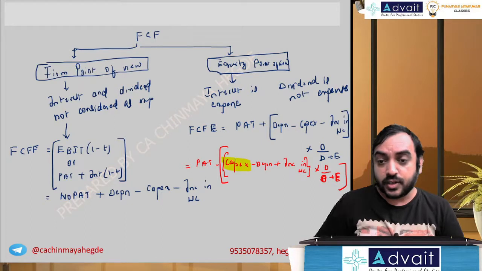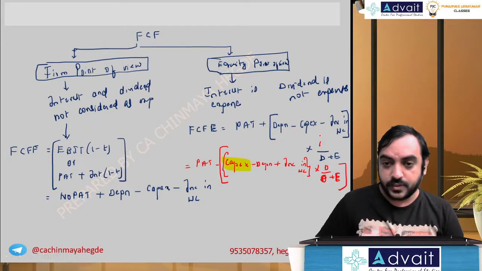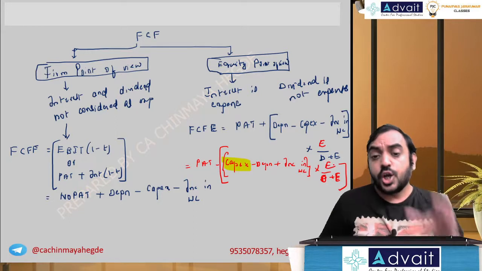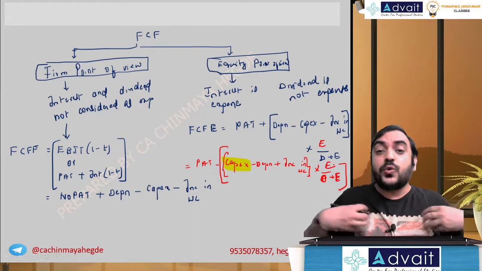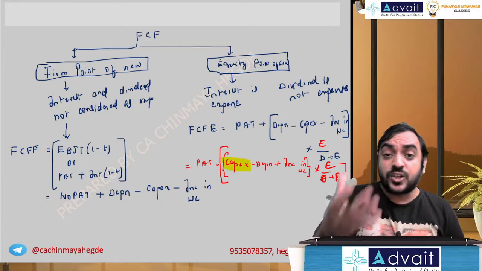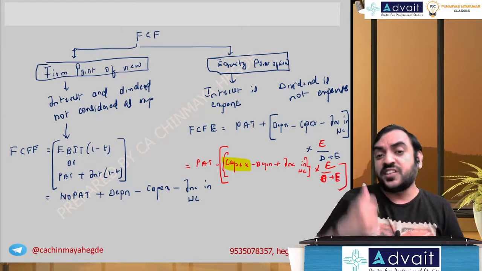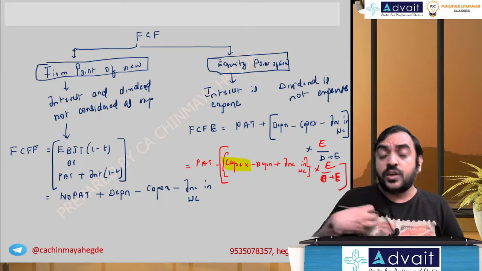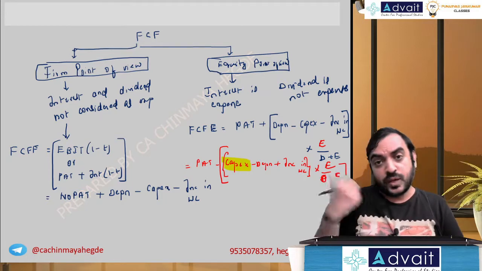Or sorry, not debt by equity, I'm sorry, it is equity by debt plus equity. I'm sorry, this is E by D plus E. In the sense, out of 1 lakh, what is equity shareholders' responsibility? That only goes out of pocket from equity shareholders. So if debt equity ratio is 1:1, equity holders' outflow is 50,000, 1/2.